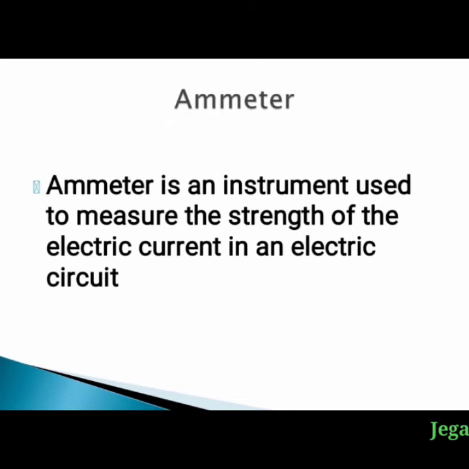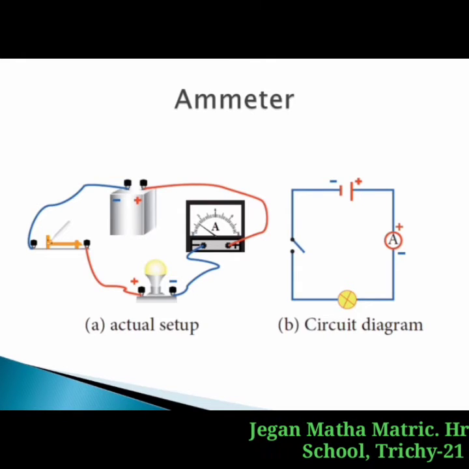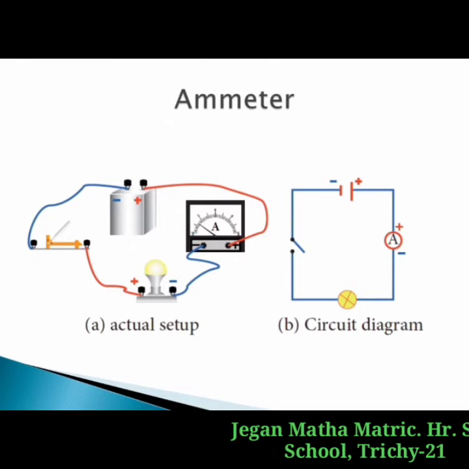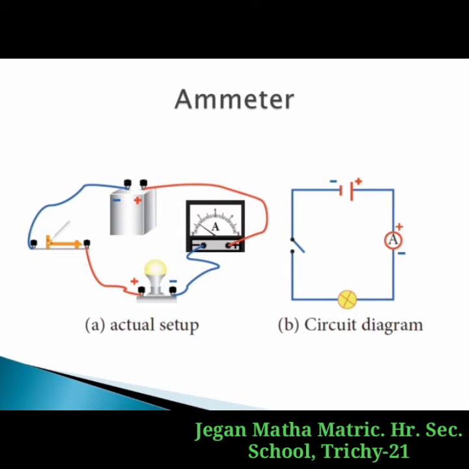Next, ammeter. An ammeter is an instrument used to measure the strength of electric current in an electric circuit. The ammeter is connected in series in a circuit where the current is to be found. See, here the ammeter is connected in series in a circuit.